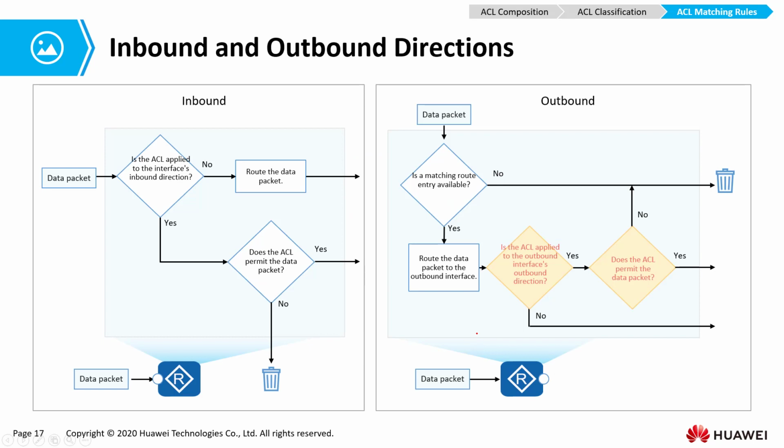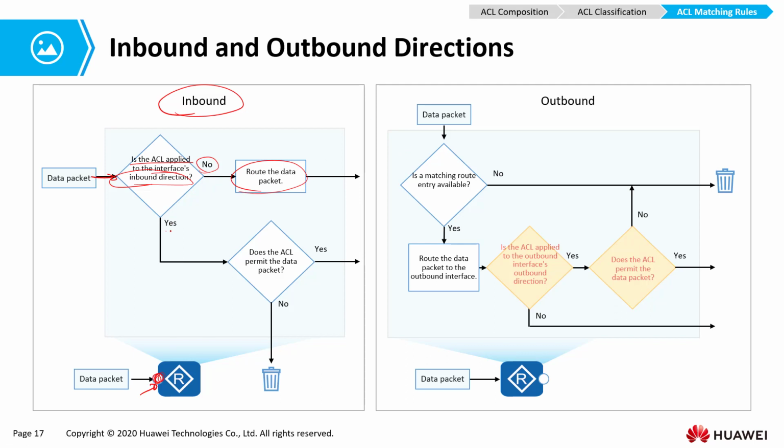So what exactly happens in the inbound direction and the outbound direction? Well, some interesting facts right here. Let us look at the inbound direction first of all. So we have an ACL applied at the inbound. How exactly is the router going to treat that packet, that traffic? How is it going to analyze the ACL? First of all, when the packet hits the router, the question is: is the ACL applied to the interface's inbound direction? If it is not applied to the inbound direction, then we shall go ahead and route the packet based on the routing table.